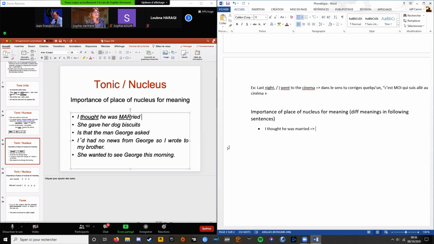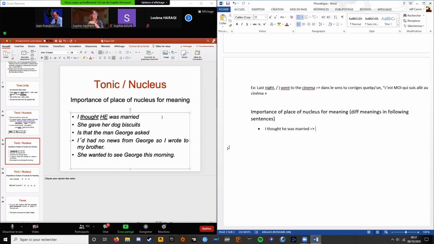Then you could say, "I thought he was married." This is possible as well. Here, as soon as you place a stress on a pronoun, which is normally not accented at the level of the sentence, you know that pronouns are normally not accented, then the pronoun becomes contrastive.